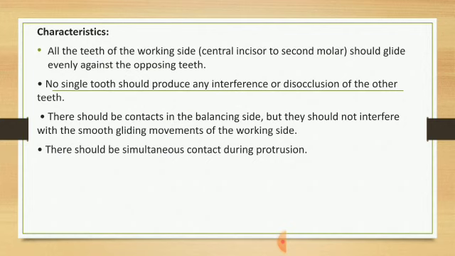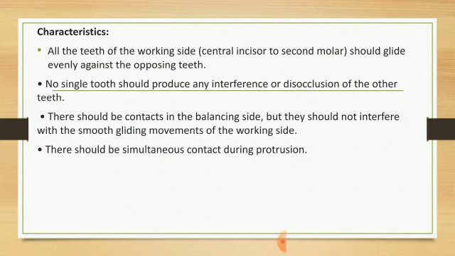Now moving on to third point, see the third point. There should be contacts in balancing side, but they should not interfere with the smooth gliding movements of the working side. Now whenever patient is taking the jaw towards right side, that is working side, in that case the teeth over the balancing side, that is left side, should also glide evenly, but then they should not cause any interference with the smooth gliding movements of the working side.